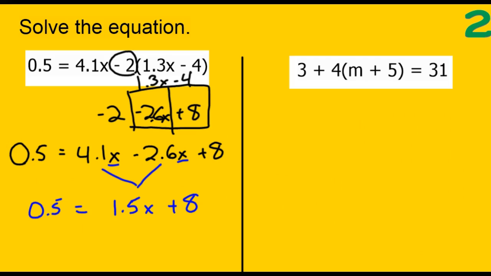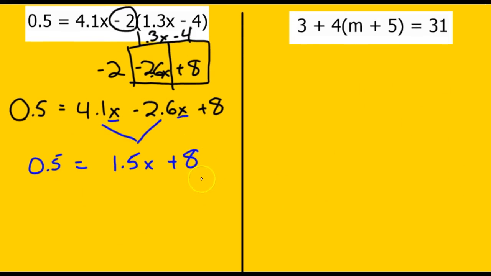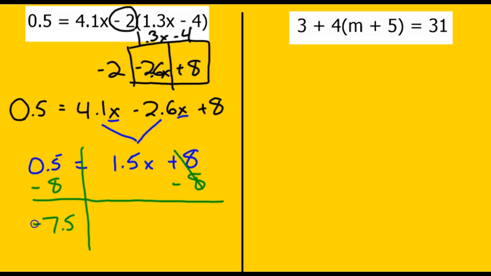So now we've got to undo addition or subtraction. We have addition, so we undo that by subtracting 8. What we do on one side, we have to do to the other. So those cancel out. 0.5 minus 8 gives us a negative 7.5 equals 1.5x.